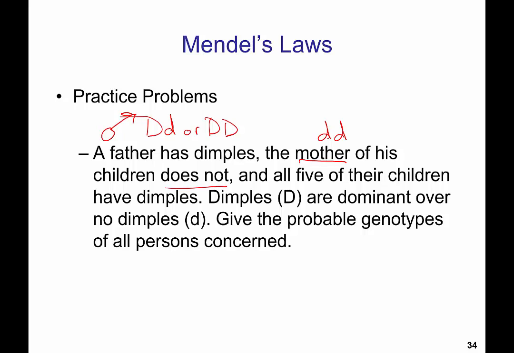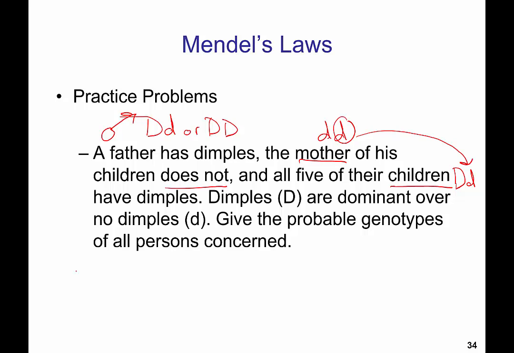However, we know that they had to receive the recessive allele from the mother. So all 5 of these children, in order to have dimples, must have the dominant allele. However, they must receive the recessive allele from their mother.